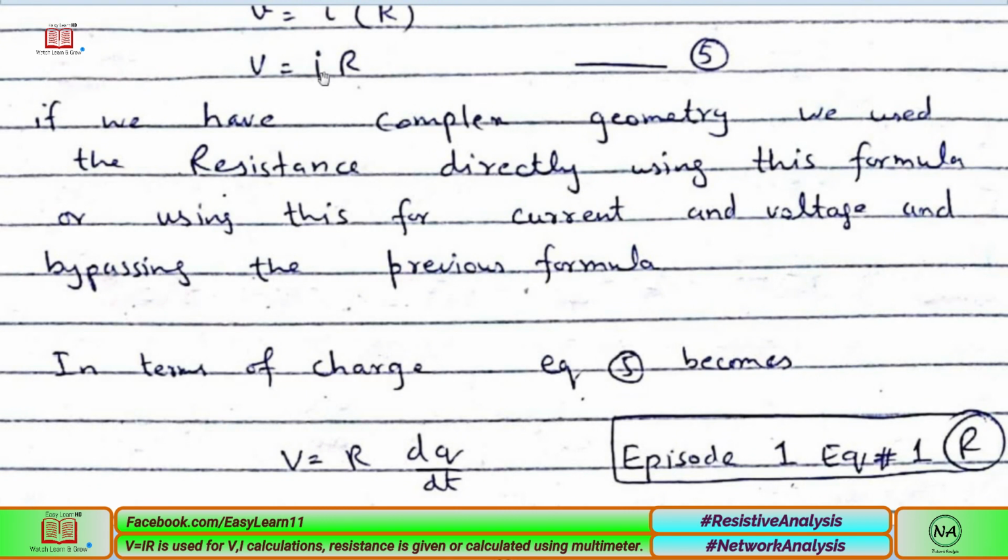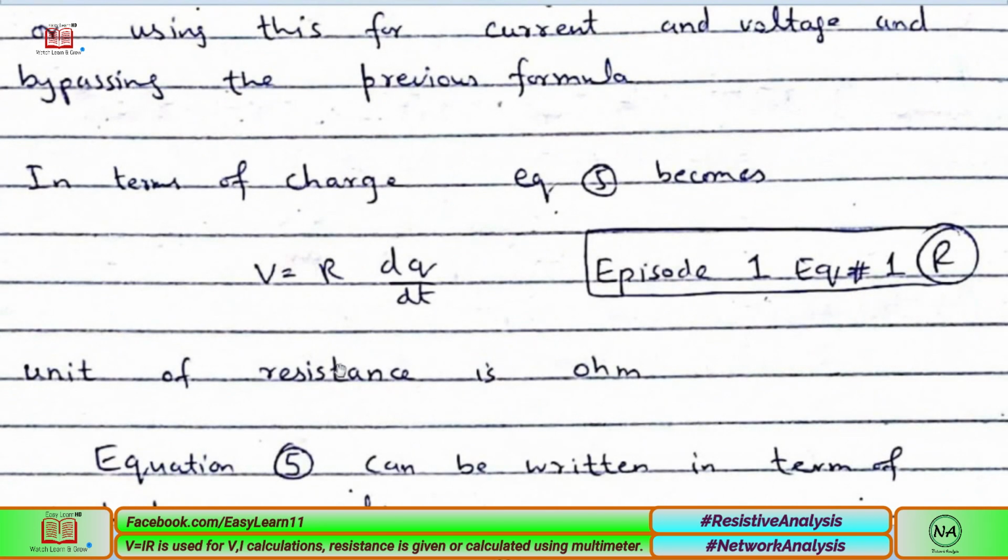It means that if you differentiate the charge with respect to time, you easily get the current. V is equal to R dq over dt. Here, if we have a charge given in the numerical, putting the value here we can get the voltage.